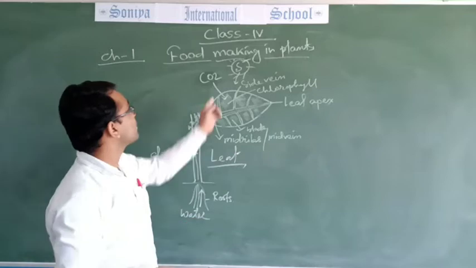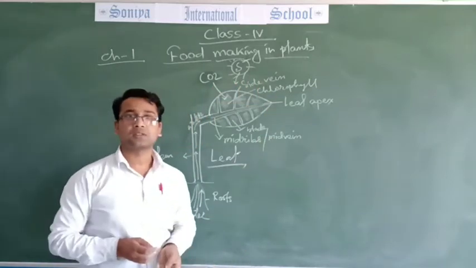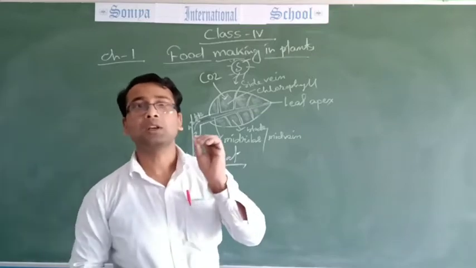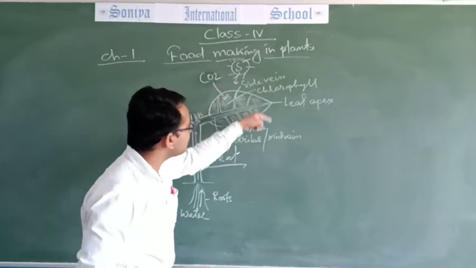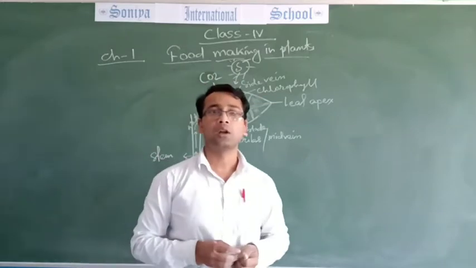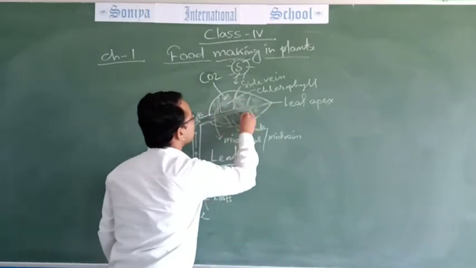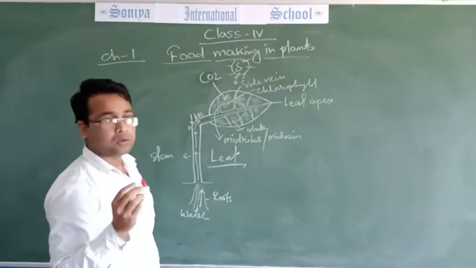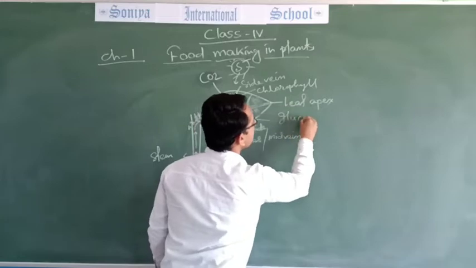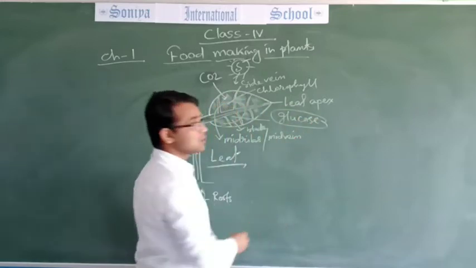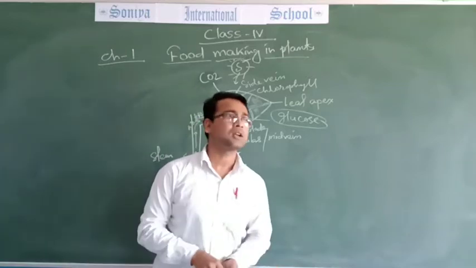The total process is called photosynthesis. Whenever photosynthesis makes food, this food is called glucose, like sugar. What is produced? Glucose, like sugar.